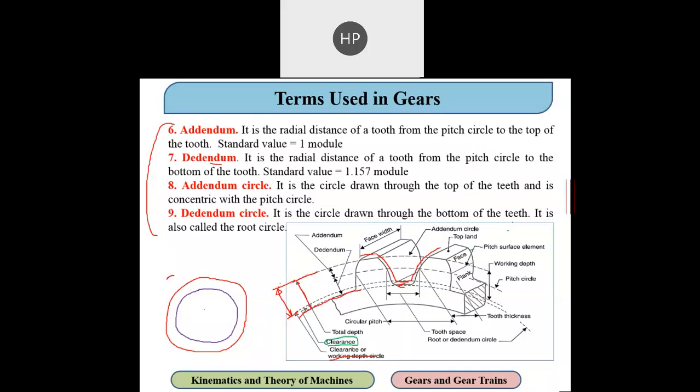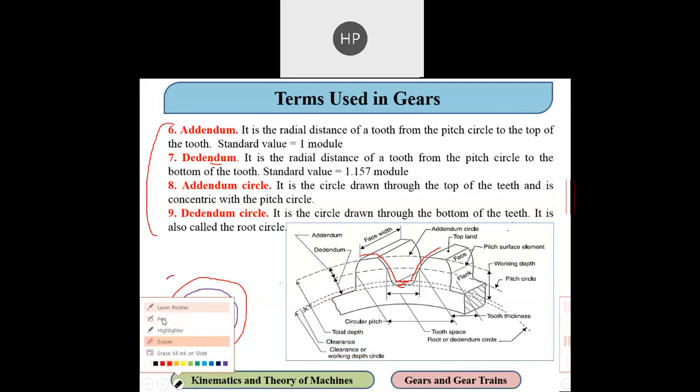So there are a total of three areas. The first area is the total depth. The second area is the working depth, and whatever remains is known as the clearance. So here we have three different things: total depth, working depth, and clearance. From this diagram, it should be clear in your mind. So there are a total of three depths.